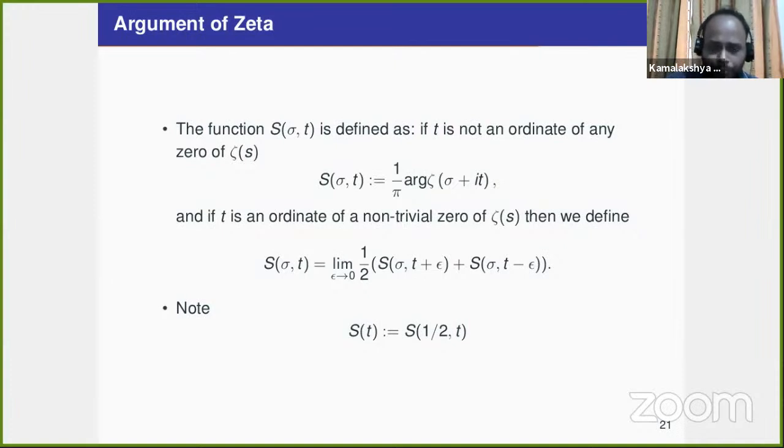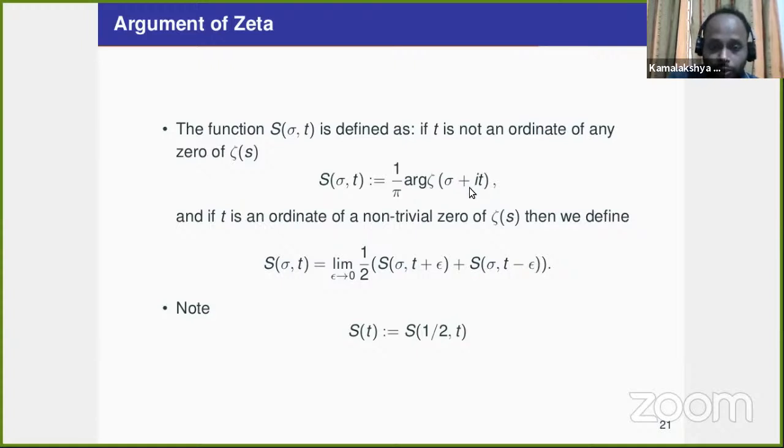Like S of t, we can define S sigma t as one over pi times the argument of zeta of sigma plus it. And again, we can define the argument of zeta of sigma plus it like we define the argument of zeta of half plus it, by continuously varying the argument along a polygonal path which doesn't encounter a zero.